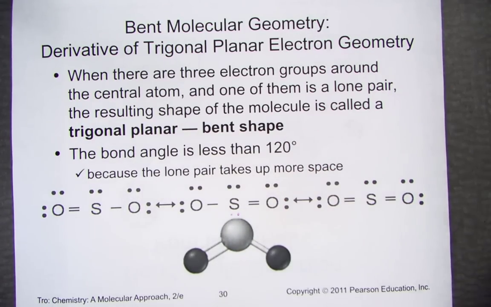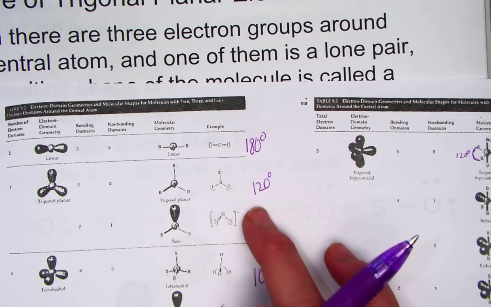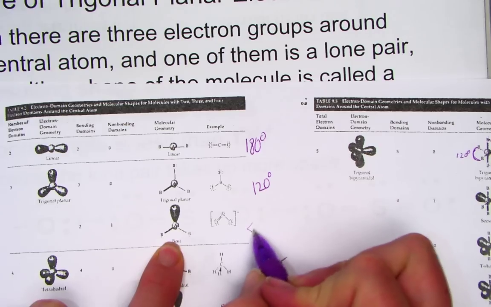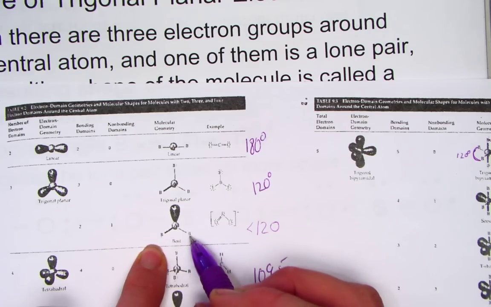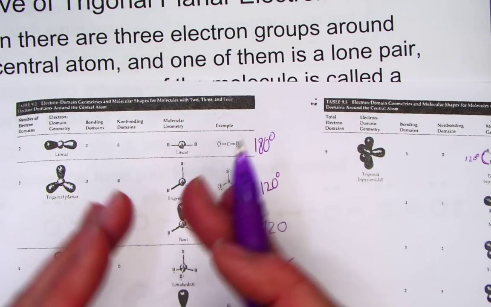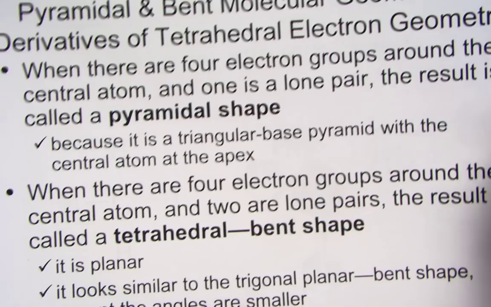So if we predicted on our VSEPR chart that the trigonal planar was 120 degrees, if I have a lone pair of electrons, it's going to be a little less than 120 degrees between these attached borons. So again, the electron cloud expands, pushing closer together for that electron domain, giving us a smaller than expected molecular geometry.